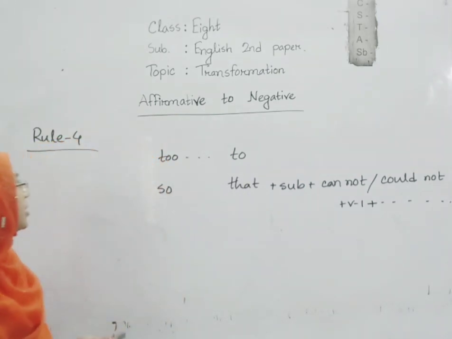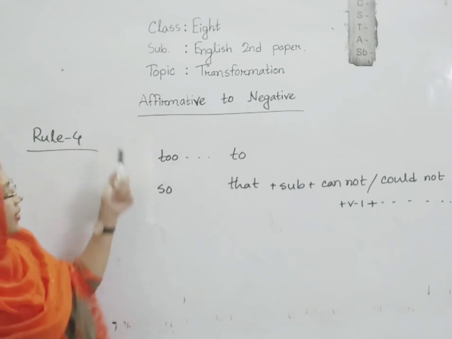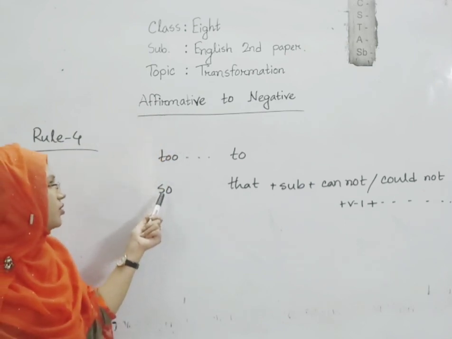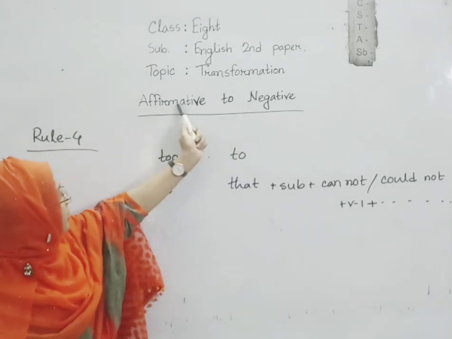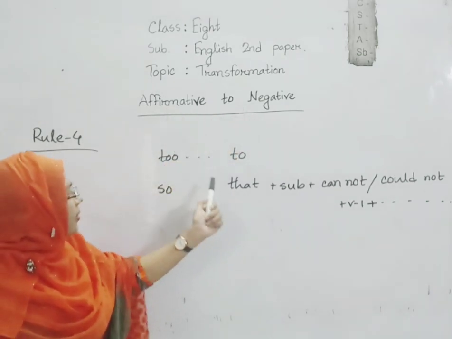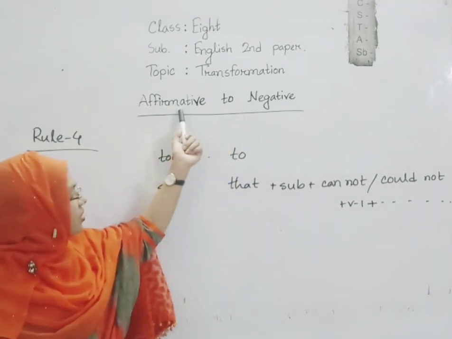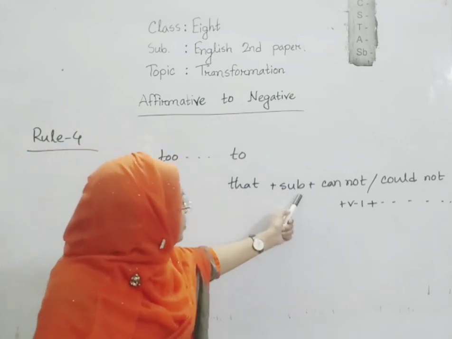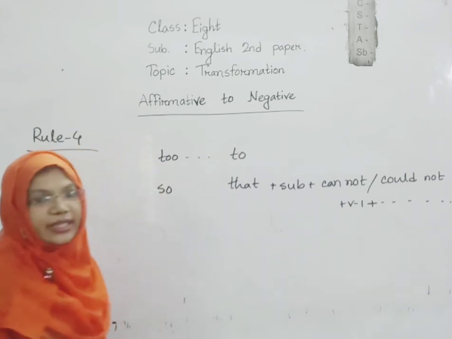That means if there is too ... to in affirmative sentence, we have to write down "so ... that" plus subject cannot or could not in the negative.